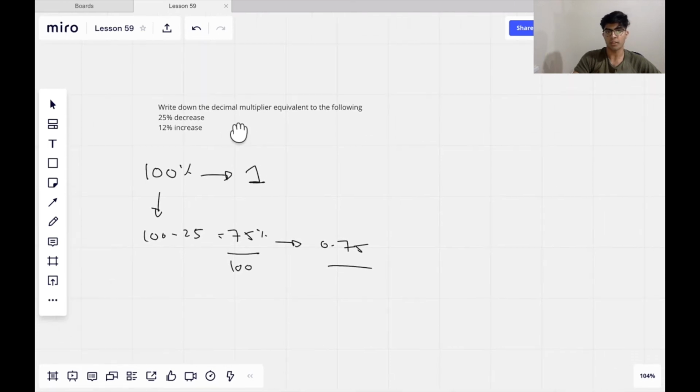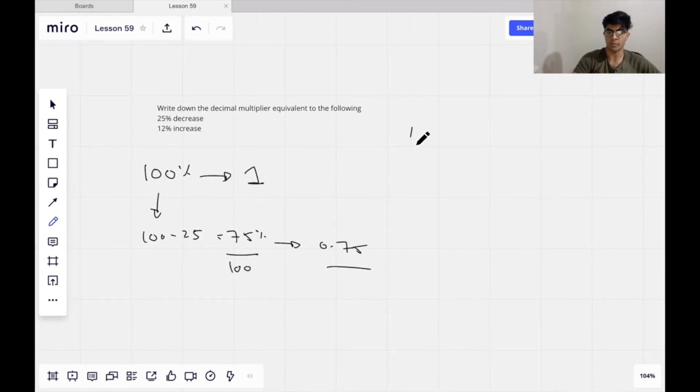For example, if we were considering a 25% decrease and we had the number 10, what multiplier will give us a 25% decrease? A 25% decrease from 10 takes you down to 7.5. What's 25% of 10?